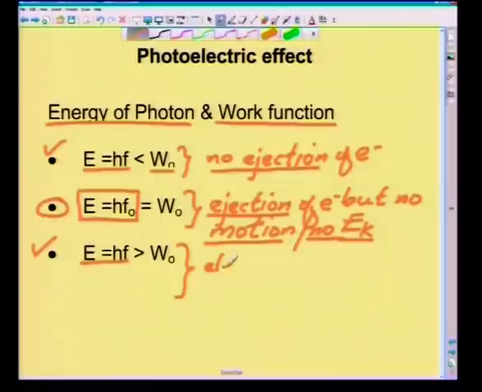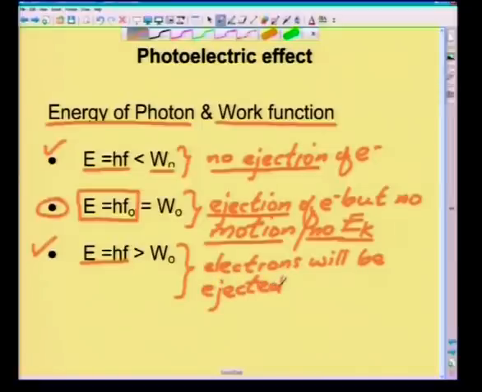Electrons will be ejected in this situation, just like in the rare condition here, condition 2.